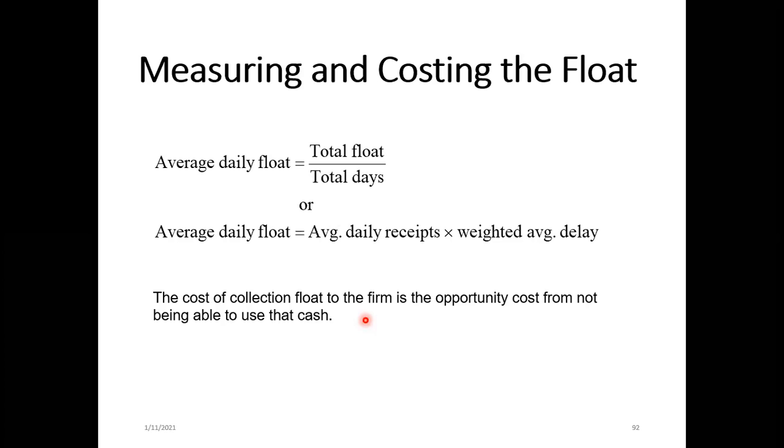Due to the lockdown, you are unable to receive your check. It may take 1 month or 14 days, whatever, based on the situation. During this time you are unable to get the benefit from that money. This kind of loss, the opportunity cost, equals the cost of collection float to the firm. You are unable to use that money, so you lose your potential benefits and returns.